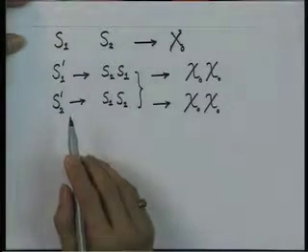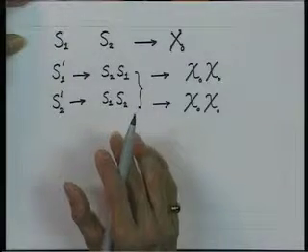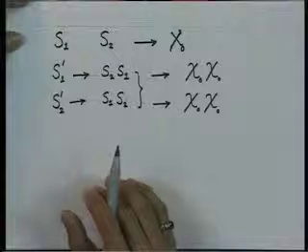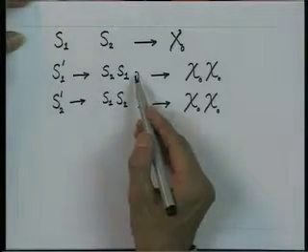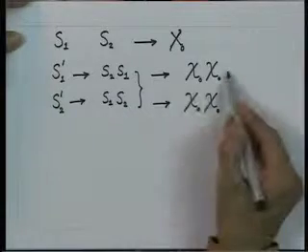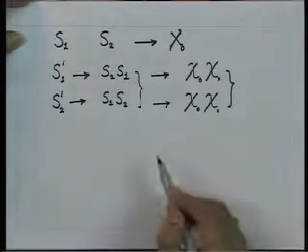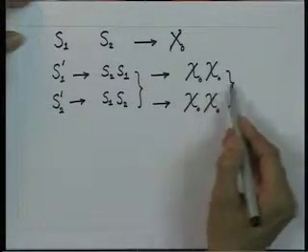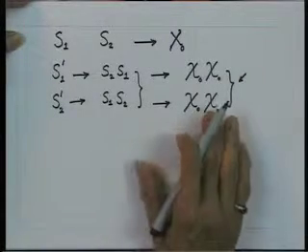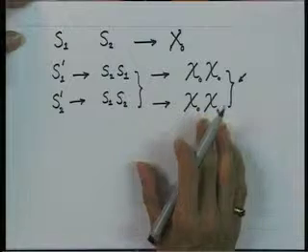Now, if we assume that our code is uniquely decodable, then for two different sequences I am getting the same code word. Now, this is in contradiction to our assumption that the code is uniquely decodable.